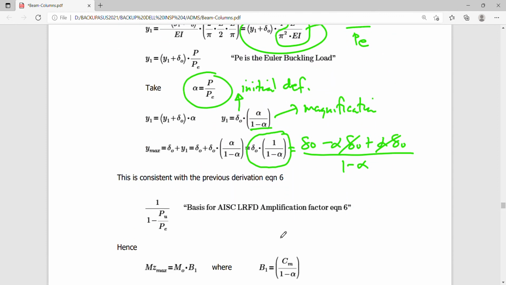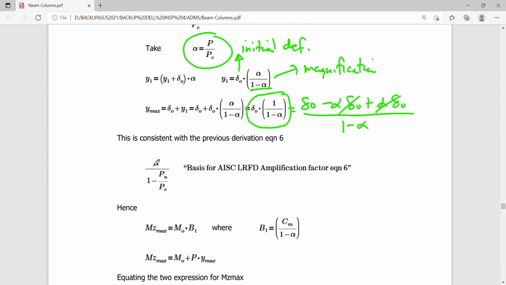So this is consistent with the previous derivation we did in the first lecture. And I told you then that alpha is simply P over PE, or P over P if this is an LRFD presentation. Hence, M max is equal to MO B1, where B1 is simply Cm over 1 minus alpha. And M max is also equal to MO plus P y max.